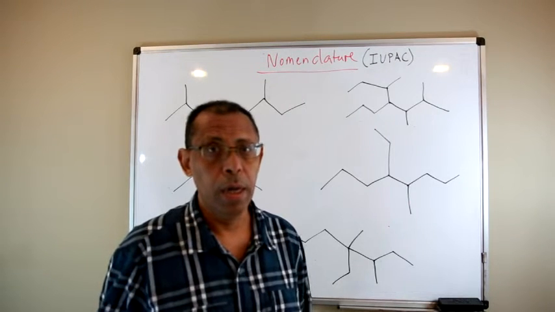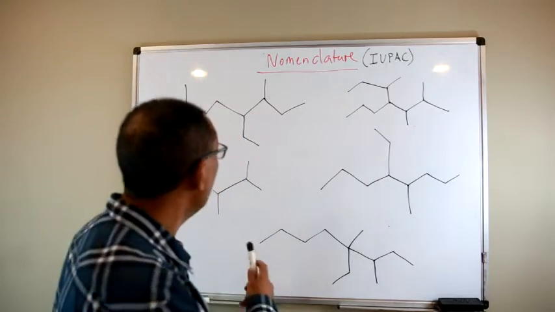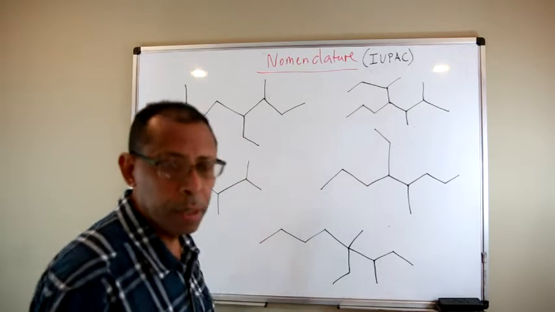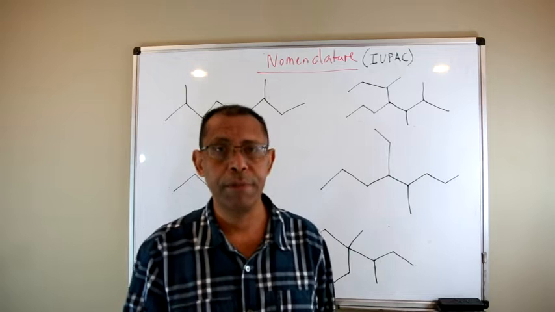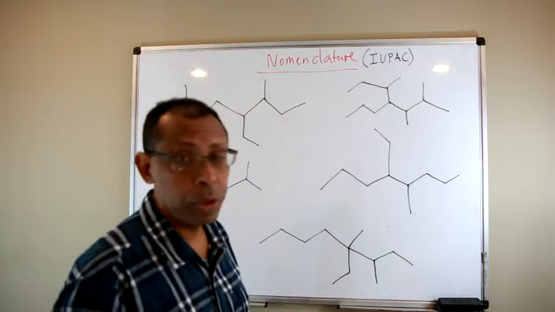Let's apply some of the rules for these organic compounds. On the board I have 5 different compounds, and we'll be practicing on these 5 different compounds and apply the IUPAC nomenclature.